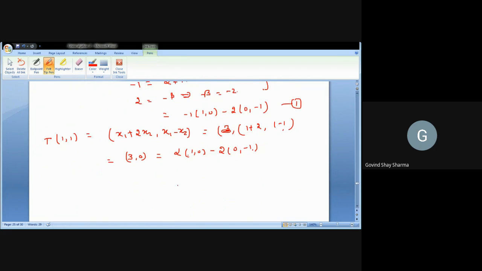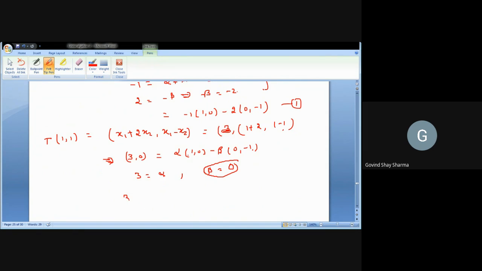So with the comparison, 3 is equal to alpha, and beta is equal to 0.